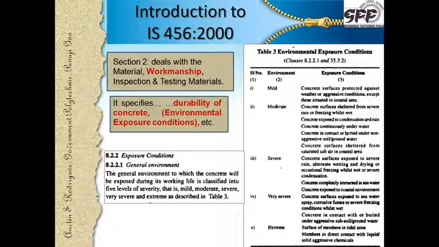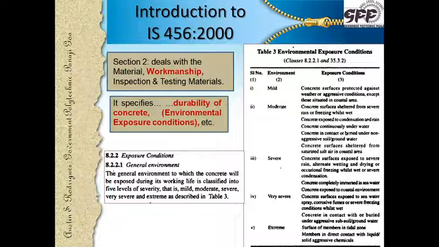The waves brush against one another, and the water bubbles are released in air. Each of these water bubbles carries within it the saline environment. Now these water bubbles fly in air, because the air has horizontal velocity, and these constitute the seawater spray. So in level 4, very severe, concrete surfaces exposed to seawater spray.